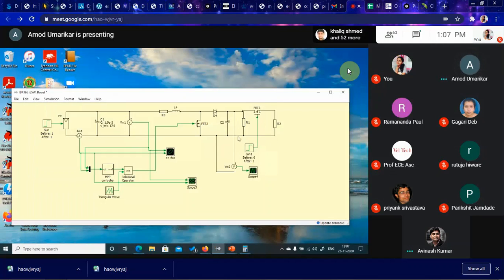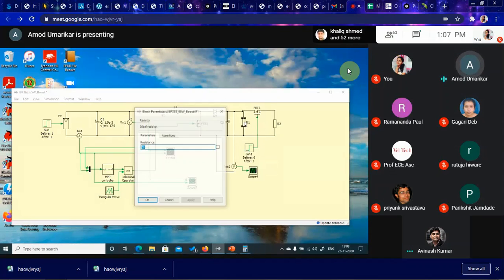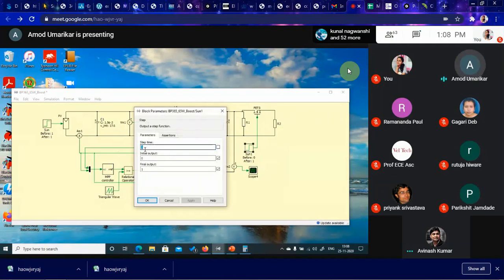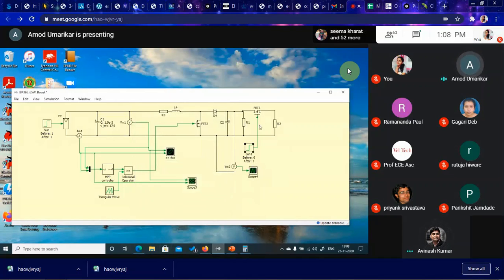Okay. So what is happening here is this is a 20 ohm load. After 2.5 seconds, half of the simulation, this simulation will run for 5 seconds, the parallel load will come across it, and the total load will be around 10 ohm.